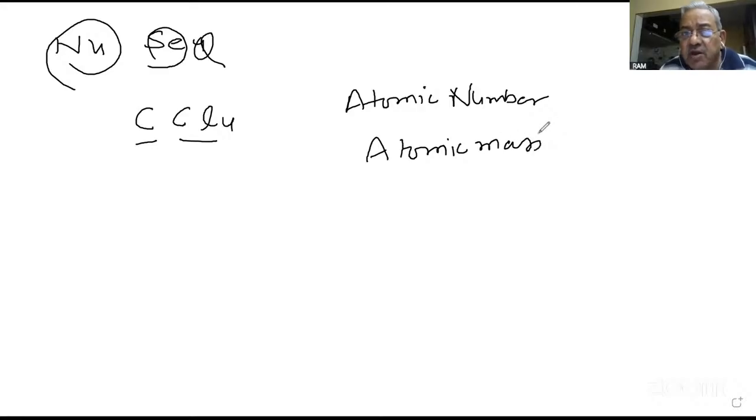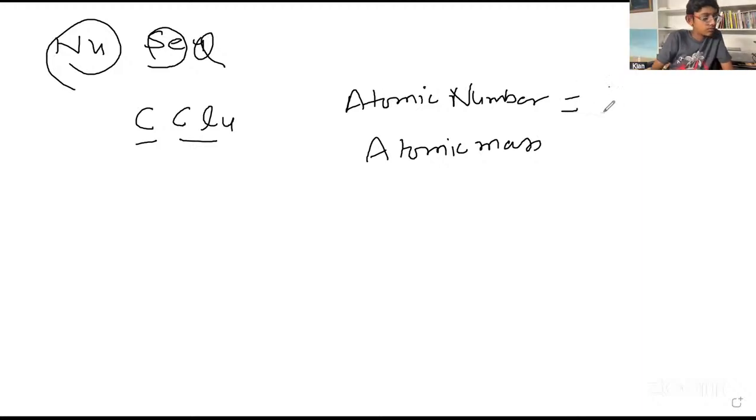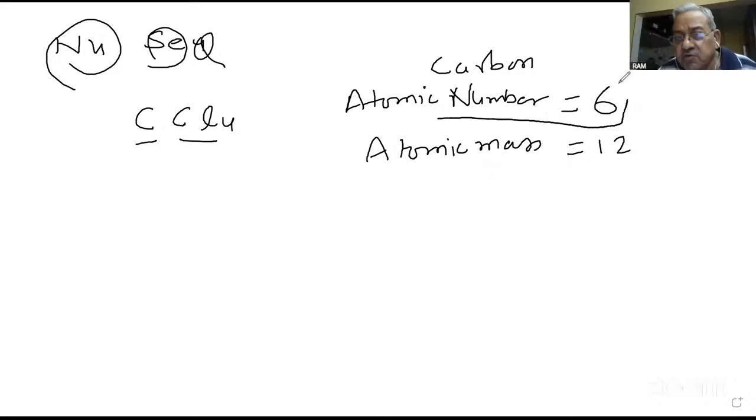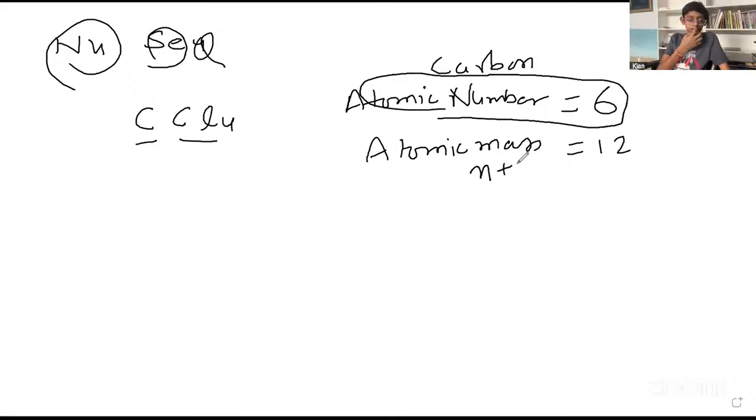What is the difference between atomic number and atomic mass? Atomic number is the top number on the periodic table. Atomic number is the number of electrons or protons, and atomic mass is the number of neutrons plus protons.